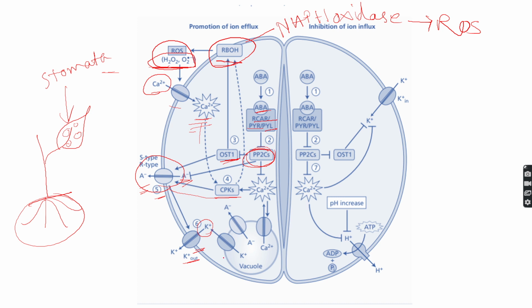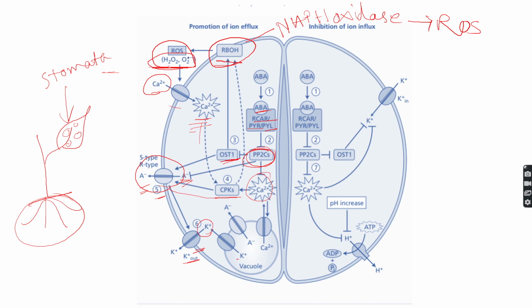On the other hand, in the vacuole, the calcium outwardly rectifying channels are being activated, and also the anion and potassium outwardly rectifying channels, which increases the concentration of calcium in the cytosol.